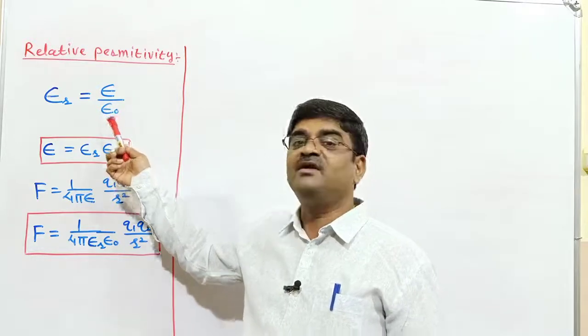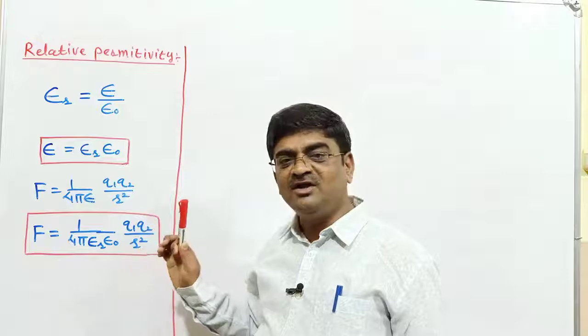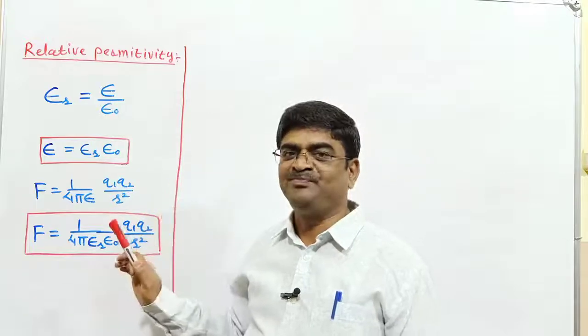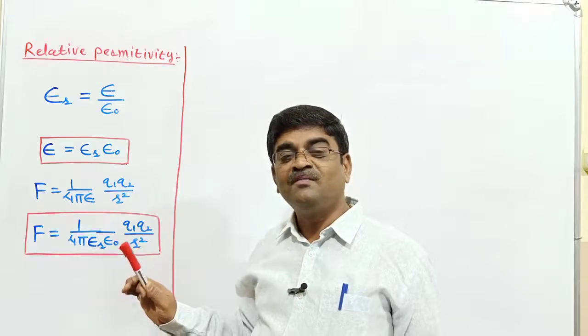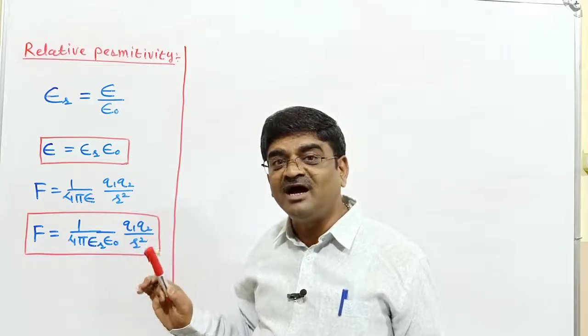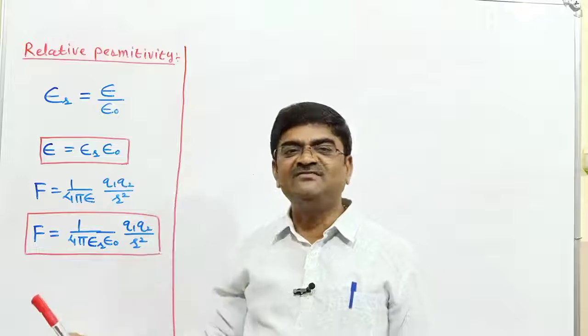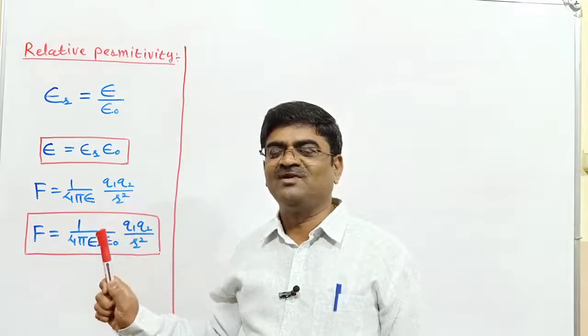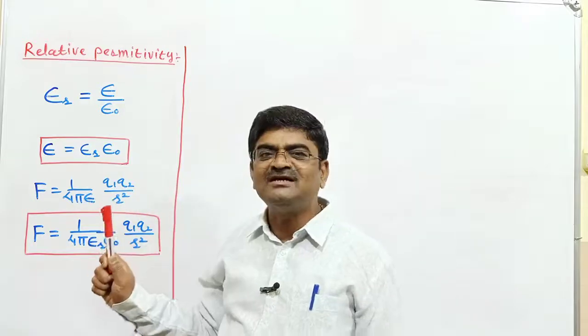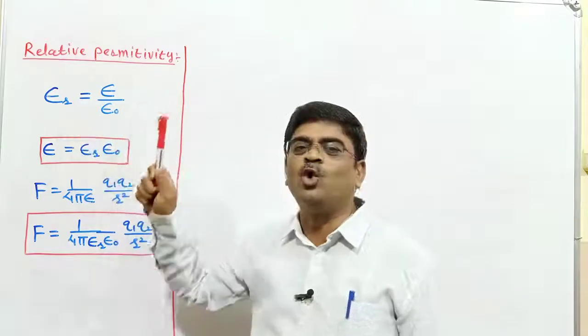So relative permittivity does not have any unit, it is just a ratio, a number which talks about the permittivity of a given media in comparison with the permittivity of vacuum. Say for example, I am being told that relative permittivity is 4.